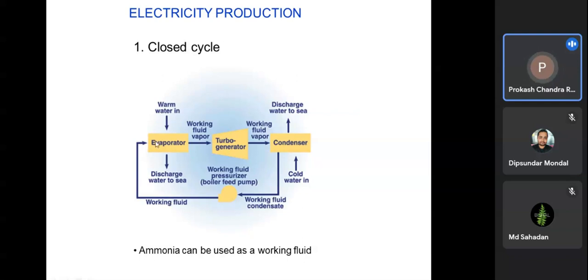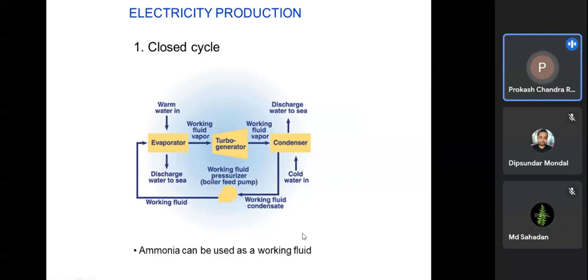That ammonia will be heated and vaporized with the help of this warm water. It evaporates, and the ammonia vapor passes through this turbo generator. You have the turbine and the generator, and then finally it goes to the condenser, where it condenses.